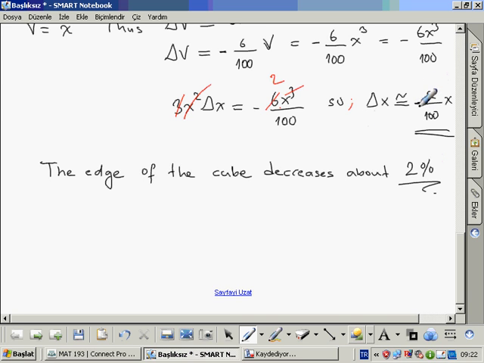If it was a plus sign, we could say increase, but if it is a minus sign, we must say decreases.